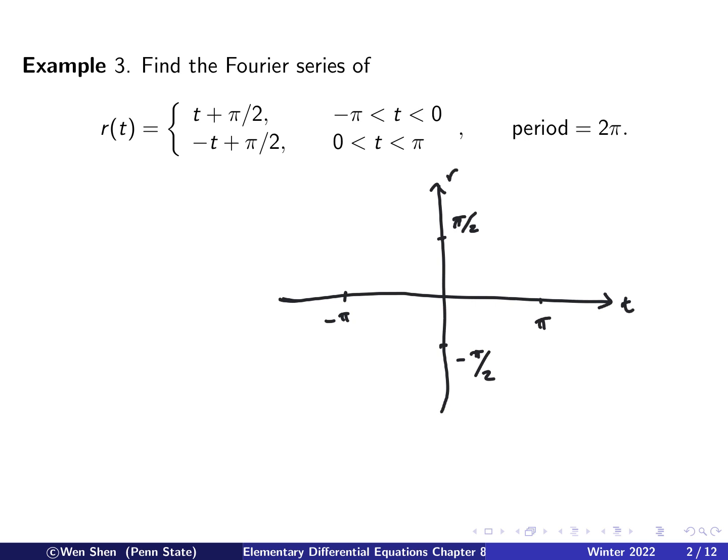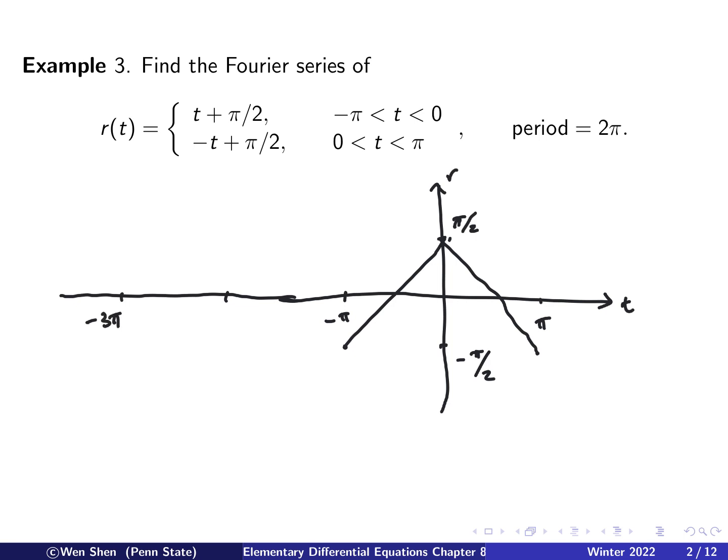When t is less than 0, it goes up with slope 1. So it starts from here and comes up, and then on the interval from 0 to π it has a negative slope of 1, so it will come all the way down here. Then it's periodic with period 2π, so you can extend it: negative π, negative 2π, negative 3π.